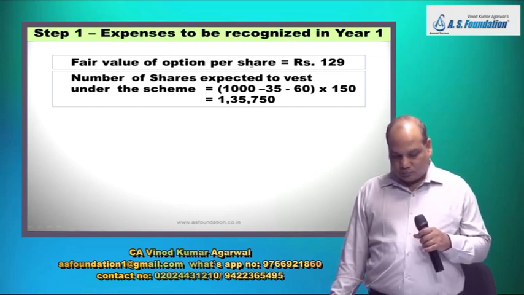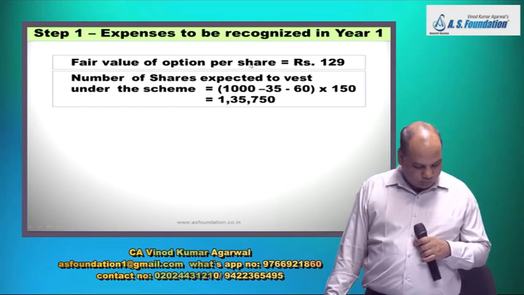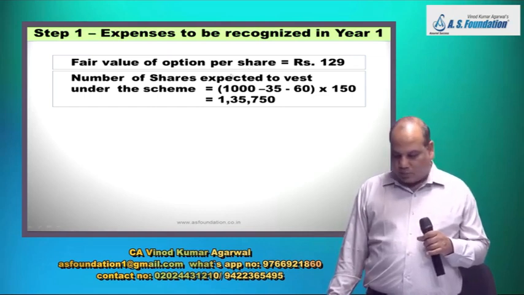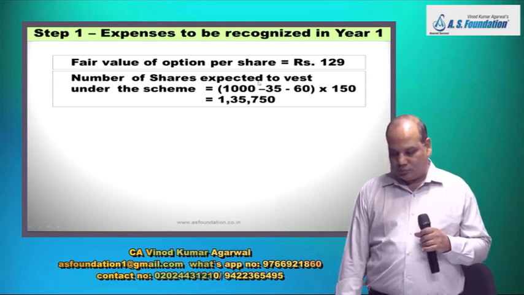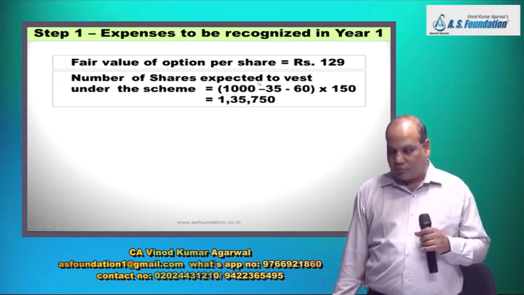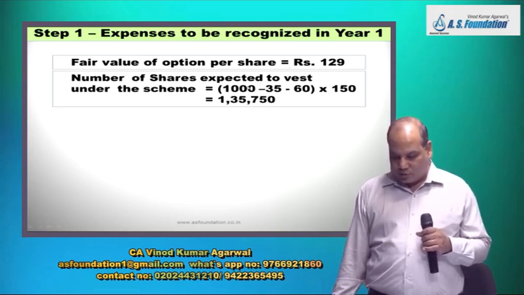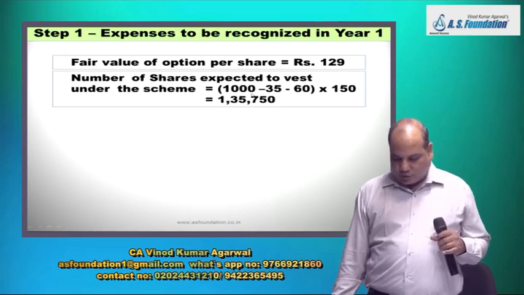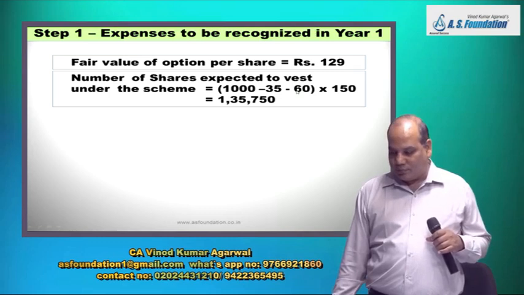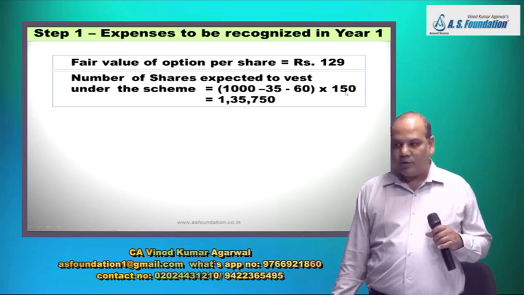129. Number of shares expected to vest under the scheme: 1000 employees, 35 left, 60 expected to leave, multiplied by 150.